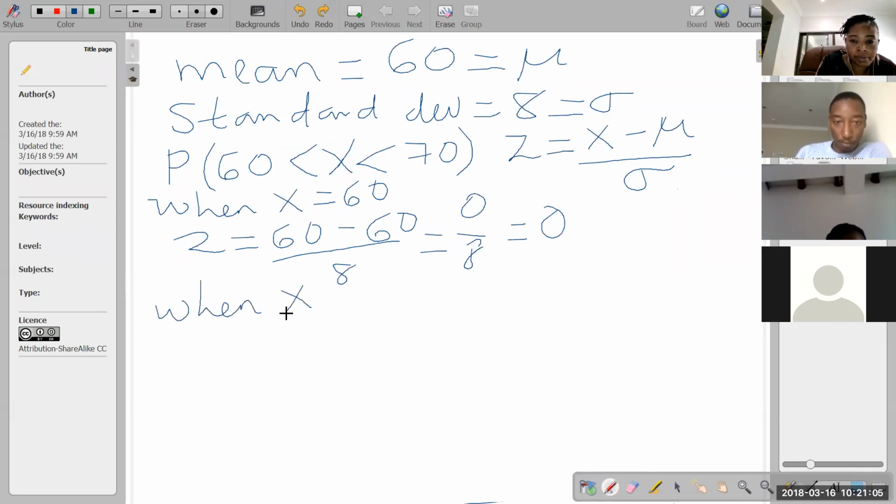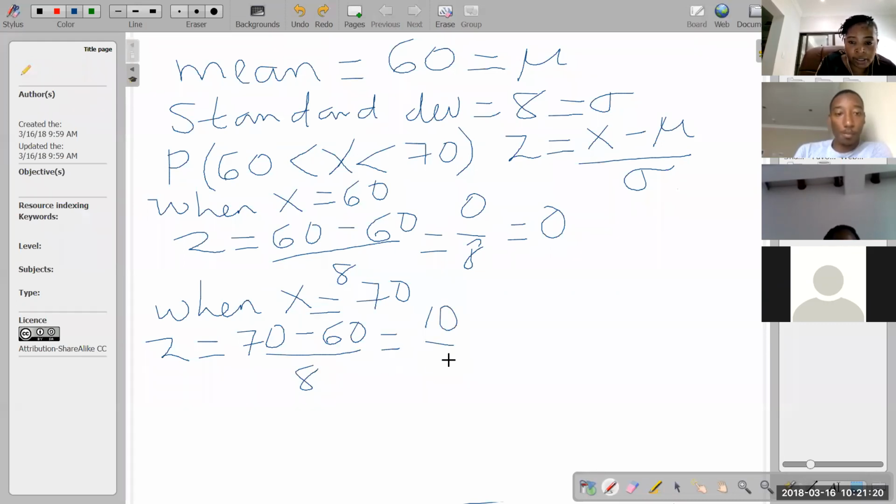When x is 70, z is 70 minus 60 over 8, that gives 10 over 8, which is 1.25.